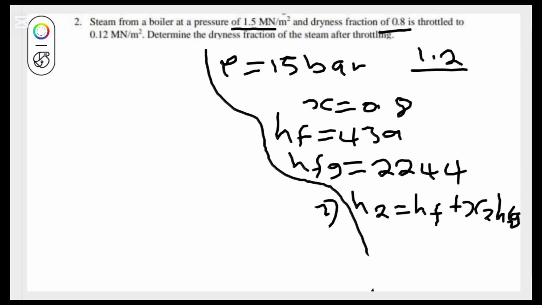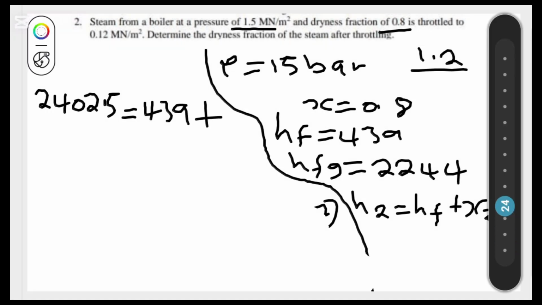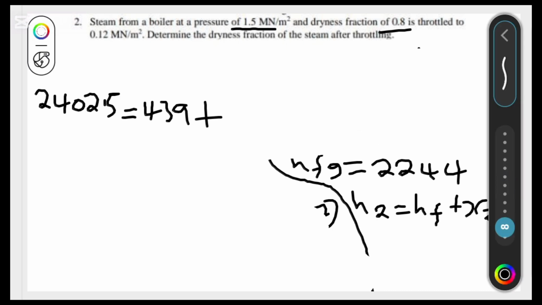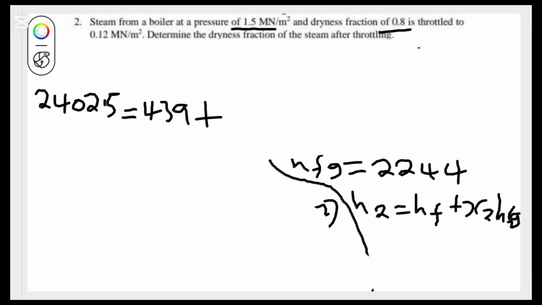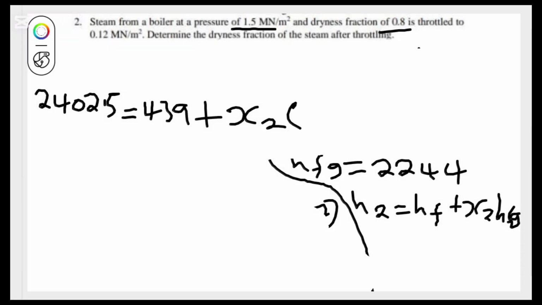It is 2402.5, equal to 439, which is the h of f, plus x2, because I'm looking for x2, multiplied by h of fg, which is the change, hg minus hf.